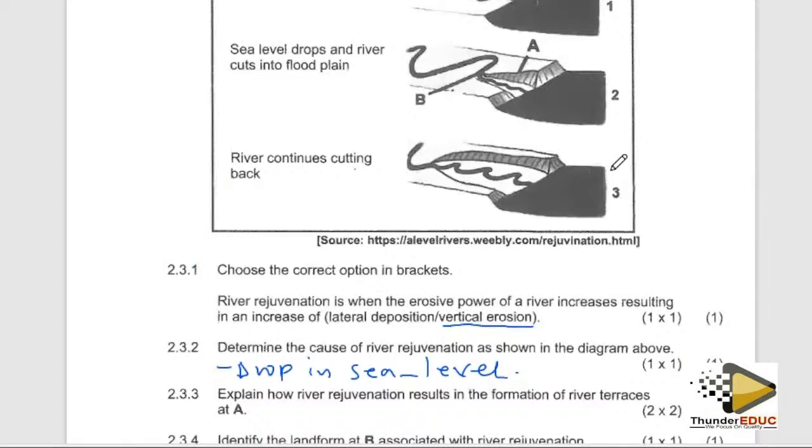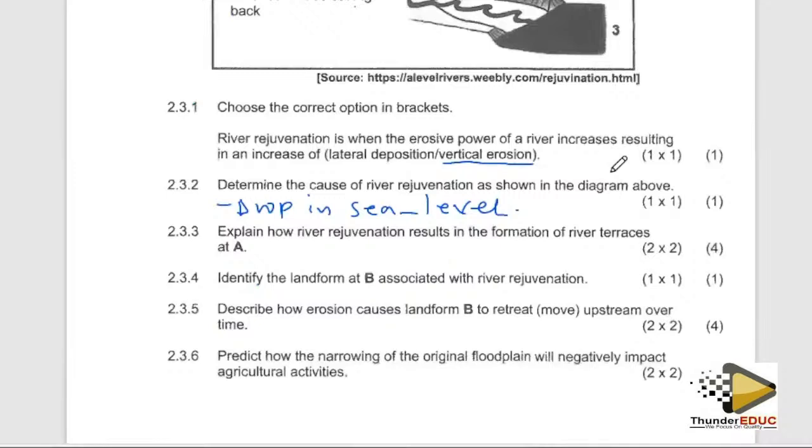Landform at B. This is our point B here, which could be waterfalls, rapids, or knick points.